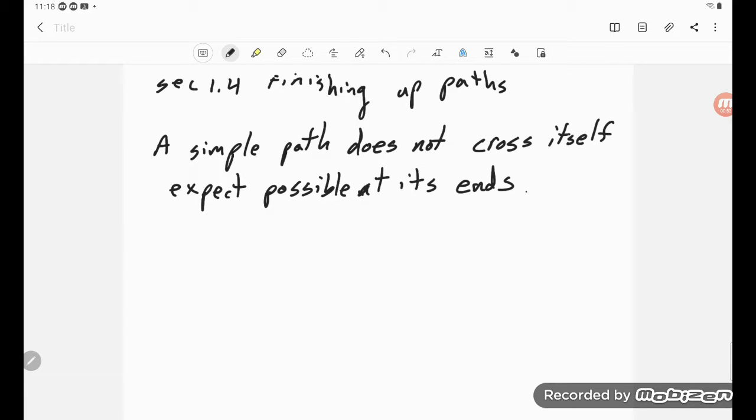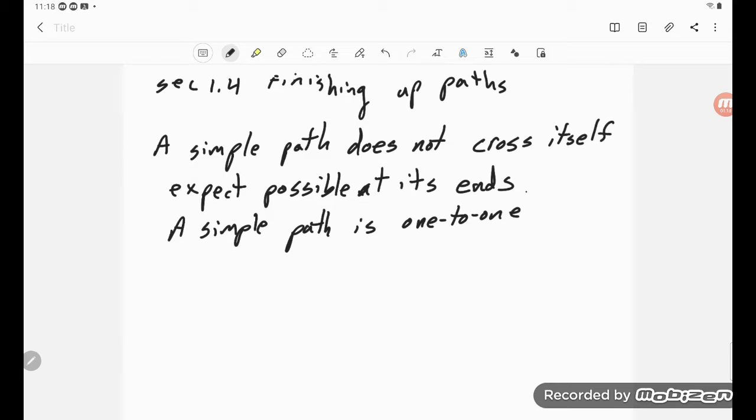Now, more technically, so this is the intuitive idea. More technically, a simple path is 1-to-1.